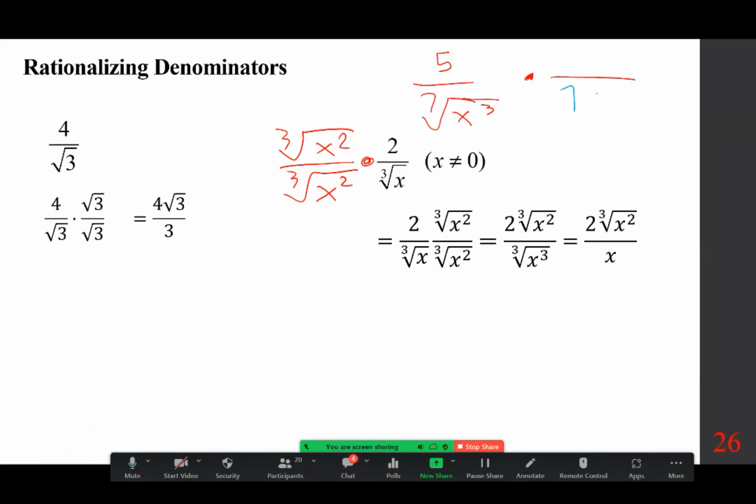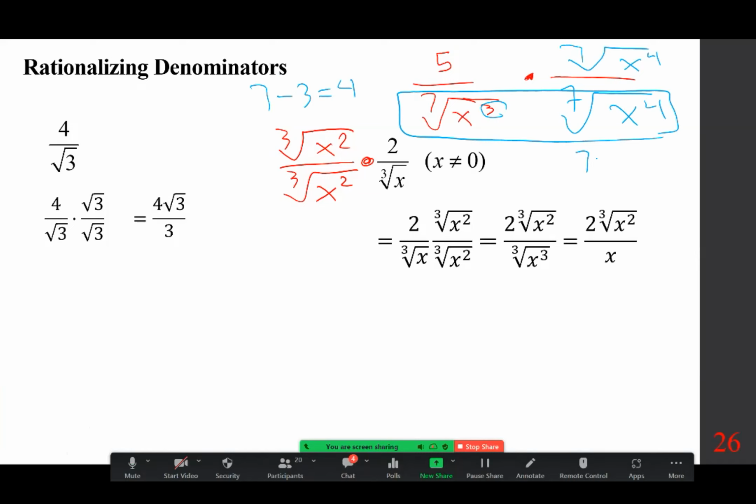So you put the 7th root, you put the 7th root, and you look at this exponent and you say, what is the index minus the exponent? 4, so you need x to the power of 4. Because now the product of these two is 7th root of x to the power of 7, which is x. All right, so that's the reason.